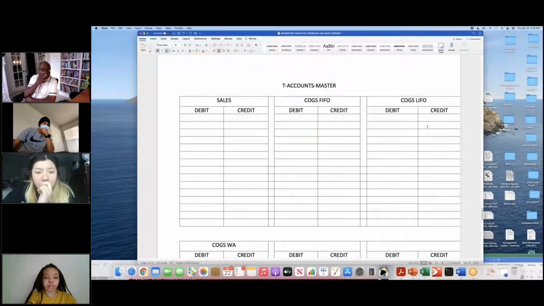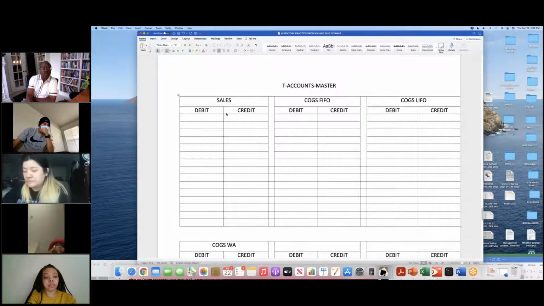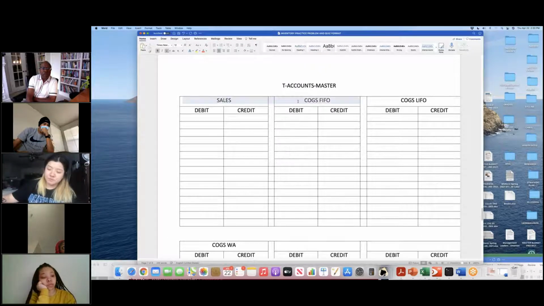Then we're going to post our entries. We're going to post sales, and we're going to post cost of goods sold FIFO. So today we're only concerned with sales and cost of goods sold FIFO.